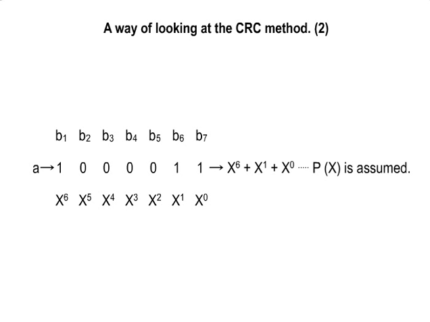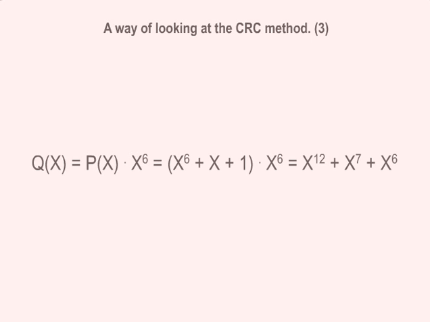2. The data to be sent is assumed to be a higher polynomial. The transmission will occur from the low bit in order, so B1 to B7 correspond to x to the power of 6 to x to the power of 0. 3.